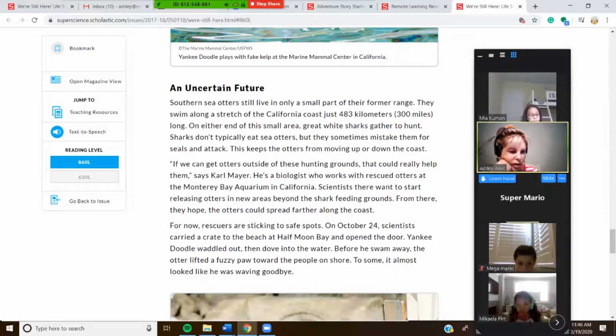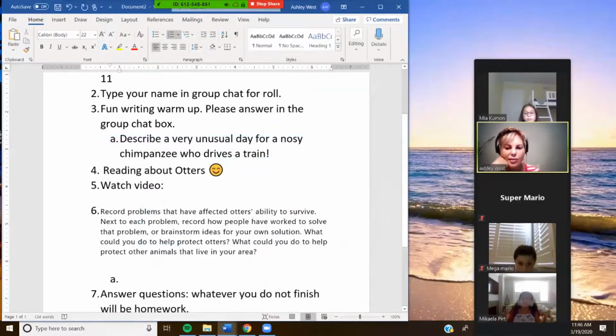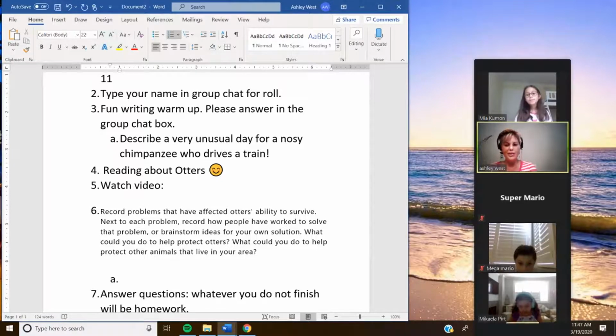Just from what we read, what is one problem that's affected otters' ability to survive? There's quite a few that we read about, but can you just give me one?